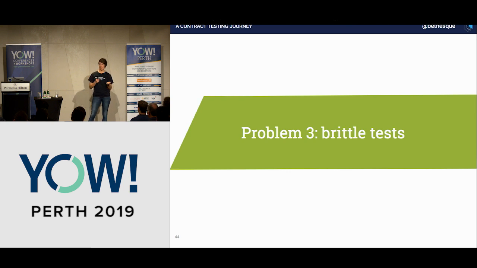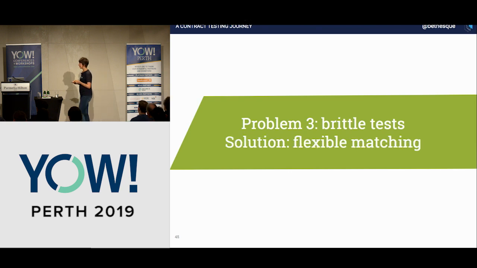And that actually worked so well that it led us to realize that in a contract test, you actually don't really care about the exact values. You really just care about the shape of the document and the types of data in that document. So what we added into the Pact library was this ability to specify the consumer's requirements for a piece of data.